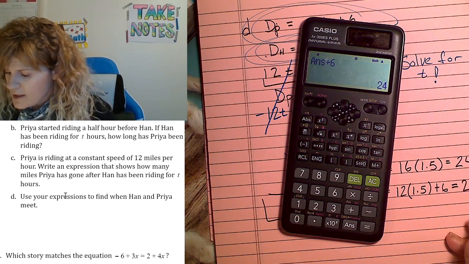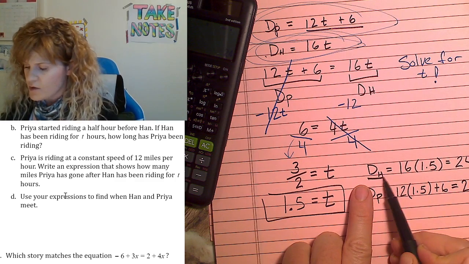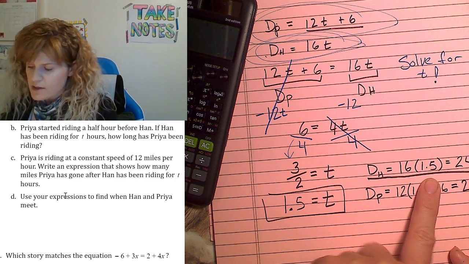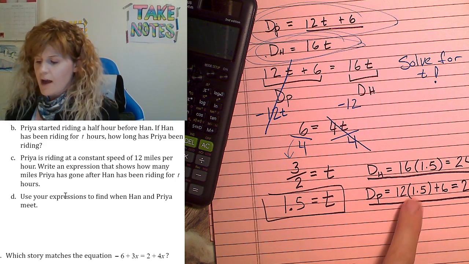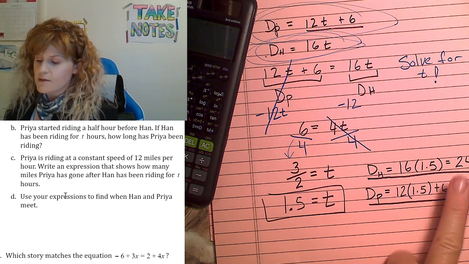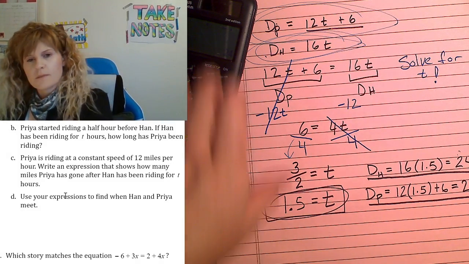There. Ding! Look at that, 24 and 24. The distance that Han has traveled after 1.5 hours is 24 miles. The distance that Priya has traveled after 1.5 hours is 24 miles. So I did it correctly. This is correct. It makes sense.